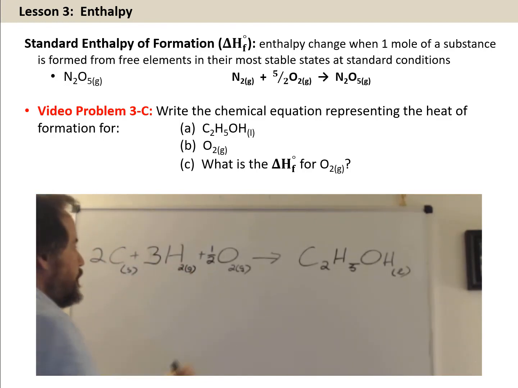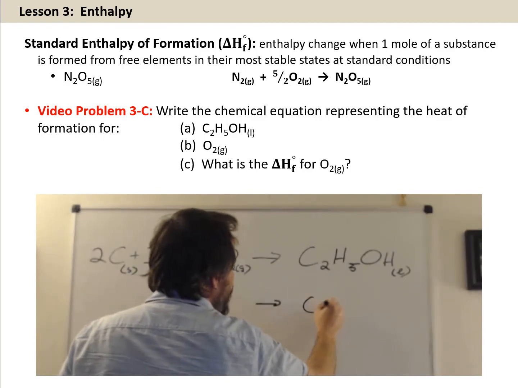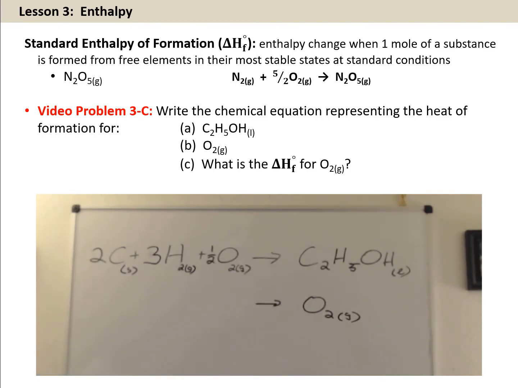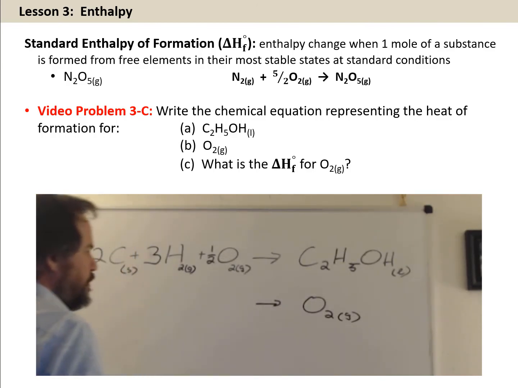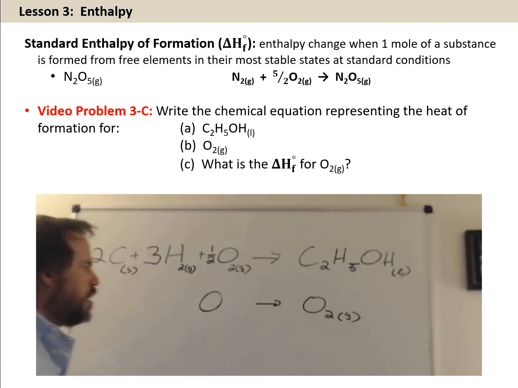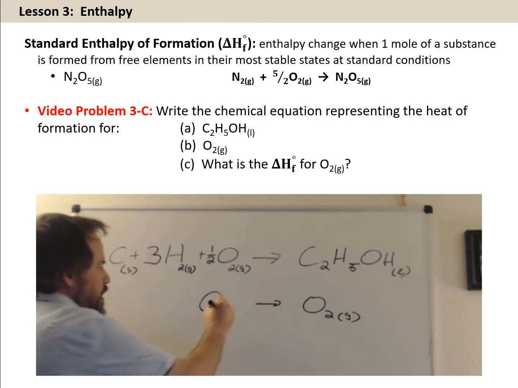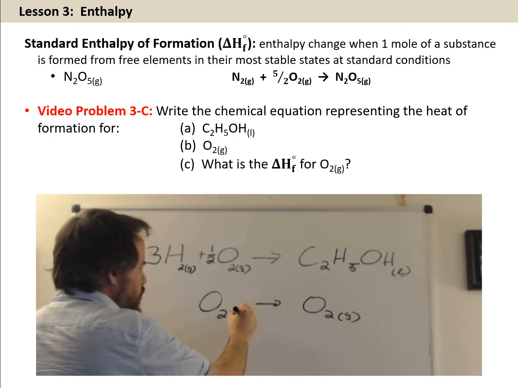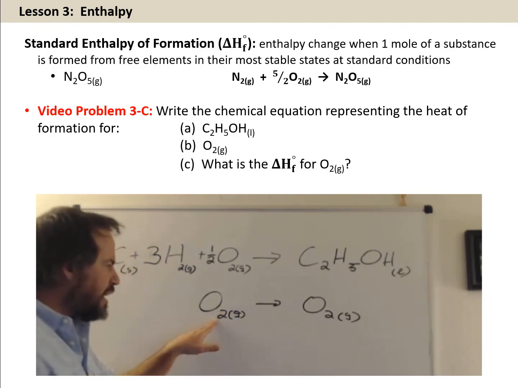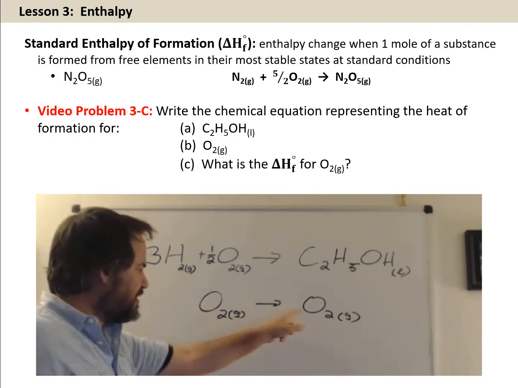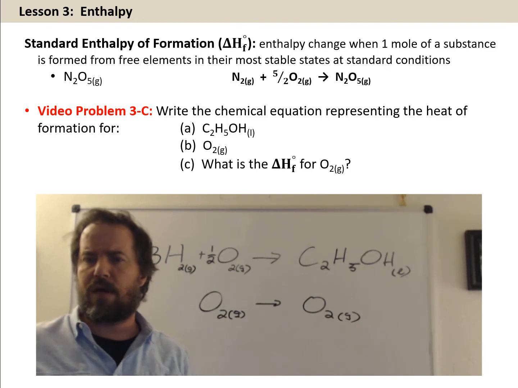Let's do B. In B, we're forming O2 gas. All right, so what do I form O2 gas from? I form it from oxygen. What's oxygen in its standard state? O2 gas. So I'm going to make O2 gas from O2 gas. So this isn't really a reaction, right?